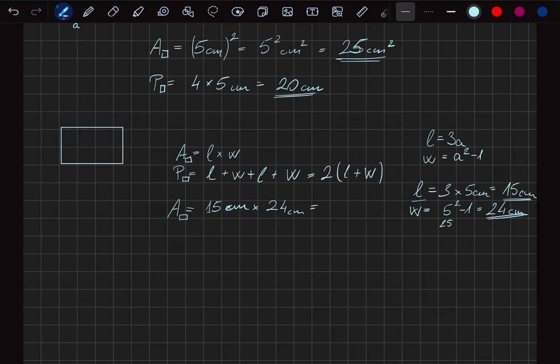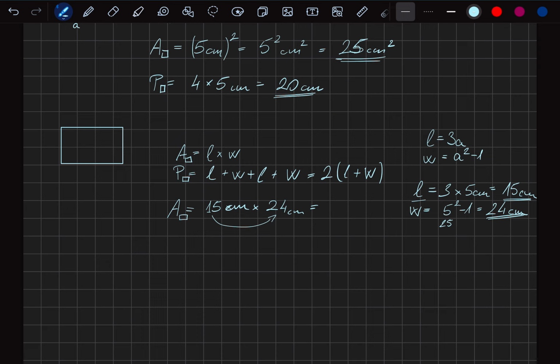So if I multiply this, it will be 360, because it's 10 times 24, so it's 240, and I halve it because 5 times and 5 times is like 10 times divided by 2.